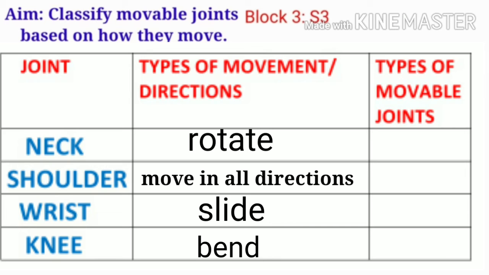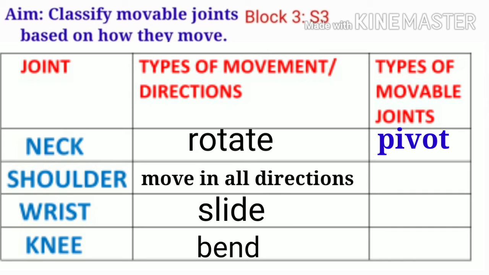Now tell me, what are the different types of movable joints? So based on the directions or movement of the joints, we have classified movable joints into four main types. Our neck can be rotated around a fixed point, so it is a pivot joint. And the shoulders and hips can move freely in all directions.